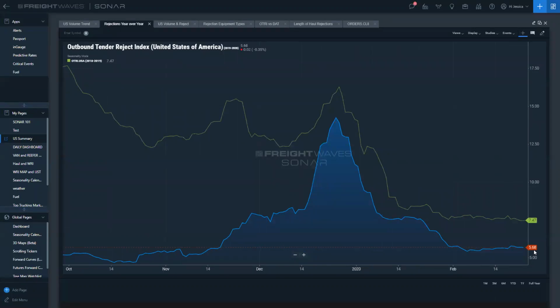That is a big number. Almost everybody is accepting their freight. A year prior, we were about 2% higher, at about 7.5%. So this is the soft market that everybody is feeling. Volumes are slightly up when it comes to tendered volume, but when it comes to rejections, they're still relatively down. So there's a lot of accepting freight moving in that market.